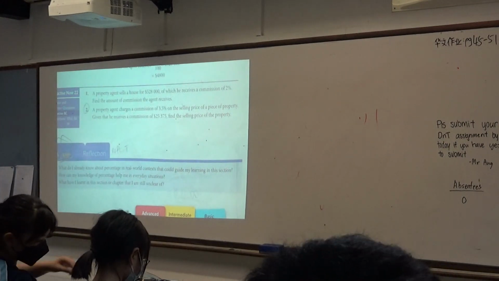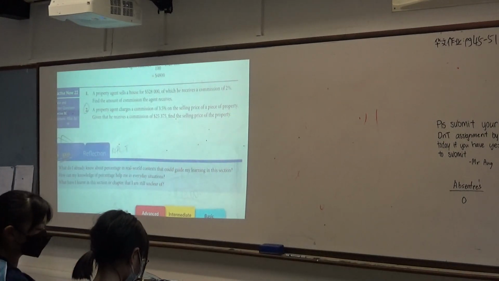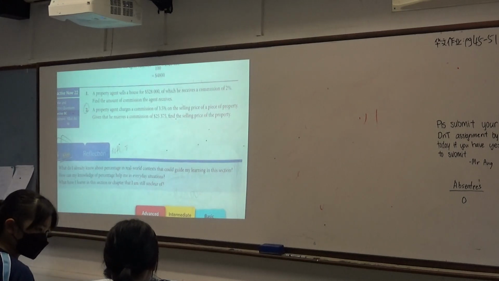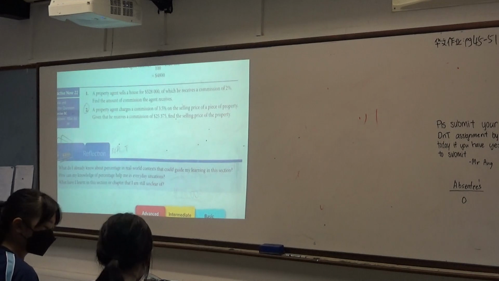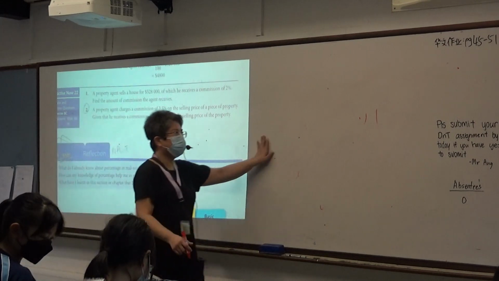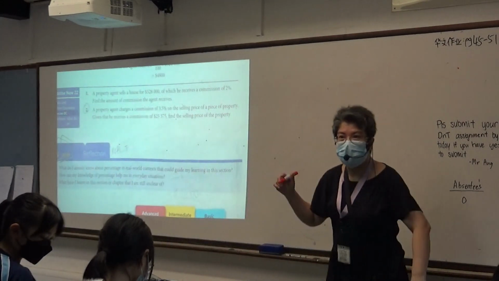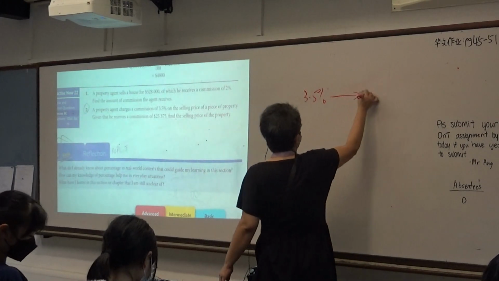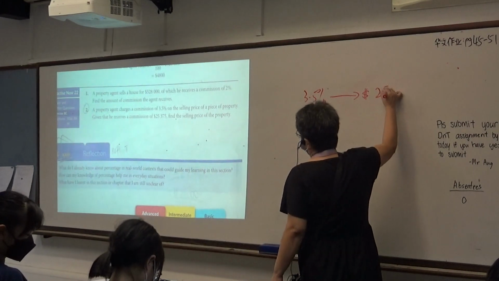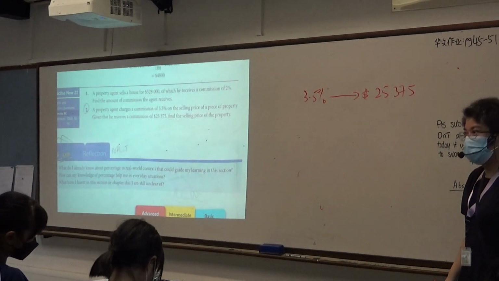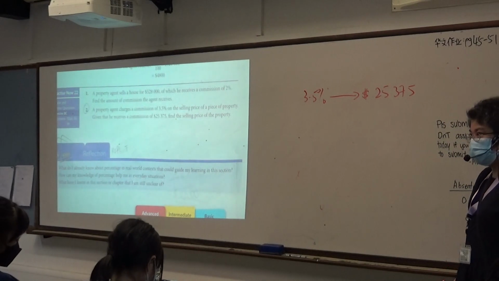A property agent charges a commission of 3.5% on... Now, this one is the other way around. Will you agree that 3.5% corresponds to this amount? Alright now. 3.5% corresponds to this amount.